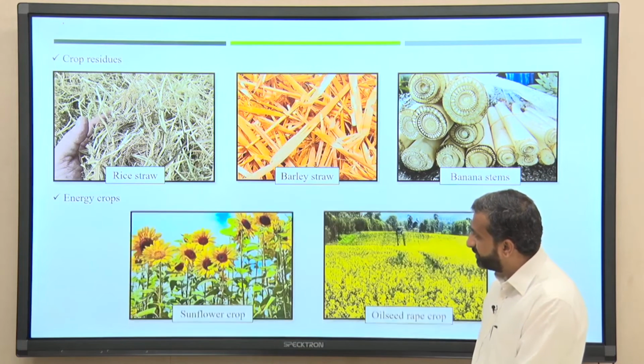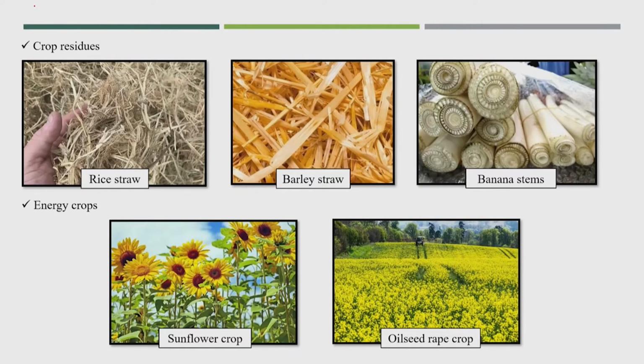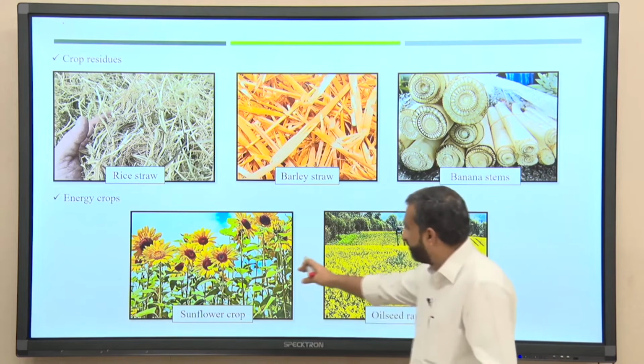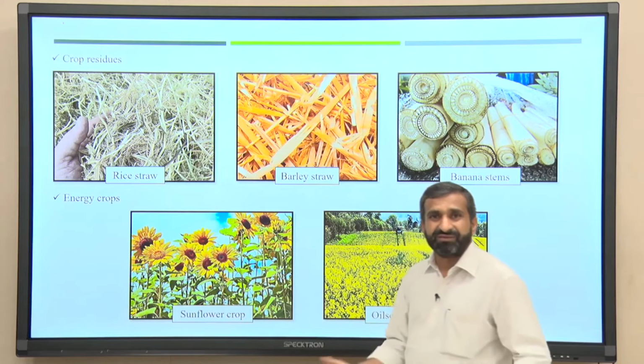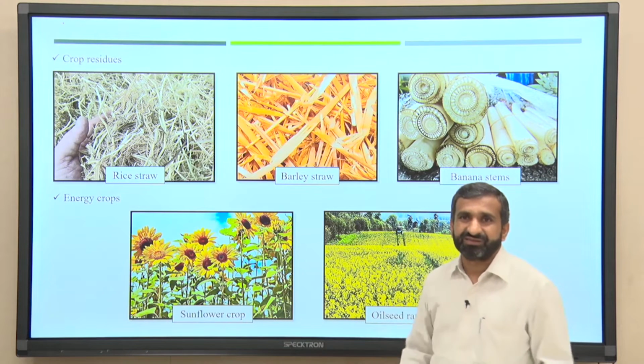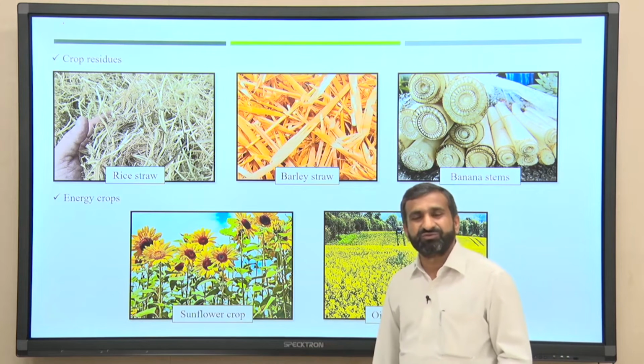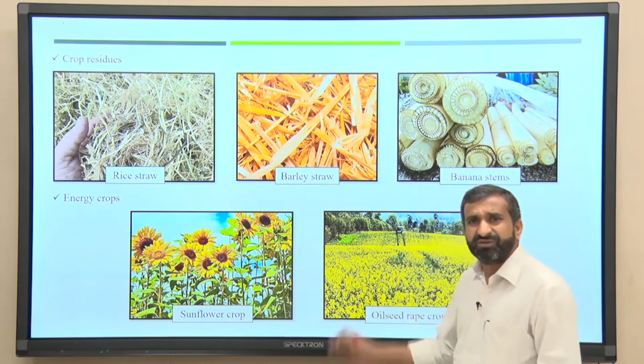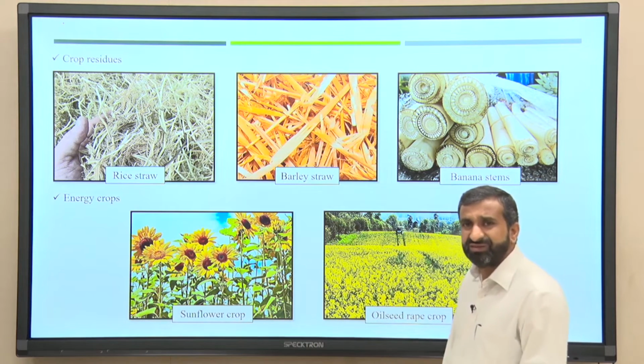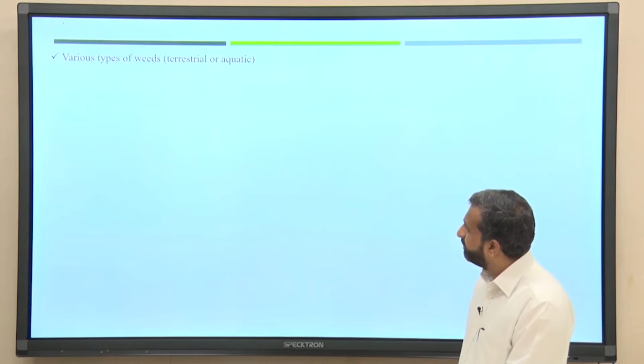Next are energy crops like sunflower and oilseed crops. Once the product comes out from here, the remaining will be biomass. This biomass can be used for the anaerobic digestion process, but the problem is the high lignocellulose concentration.